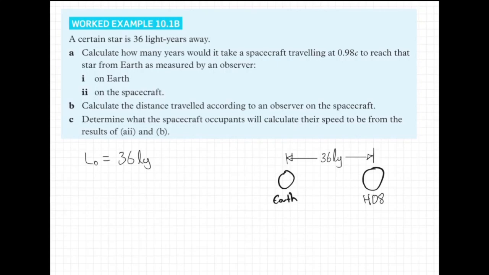The question was not, is this proper length or relative length? The question was, calculate how many years it would take a spacecraft traveling at 0.98 c to reach that star from Earth if you were observing it from Earth. So we also know a velocity, 0.98 c. What are we being asked for there?